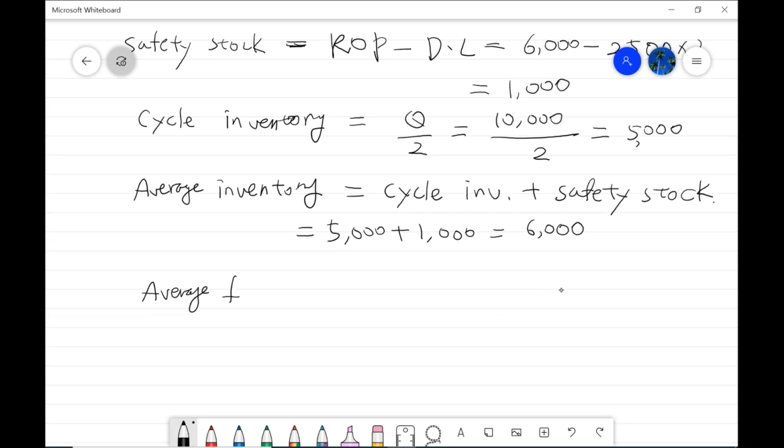flow time. So what is the average flow time? How long each inventory stays at the warehouse on average. So in fact, the way we calculate the average flow time is just the average inventory divided by the throughput.